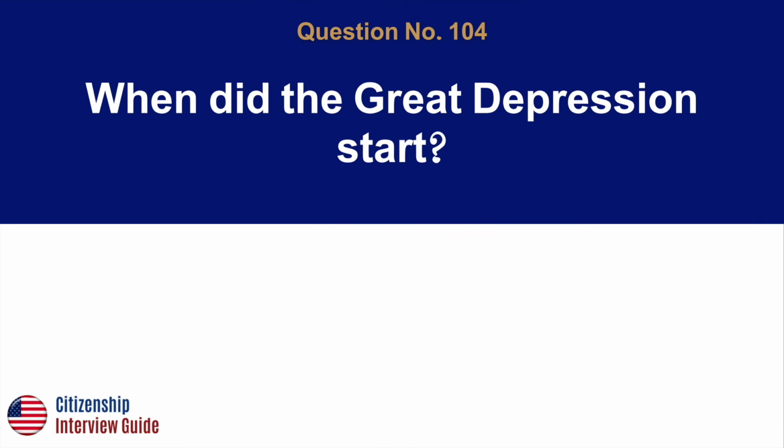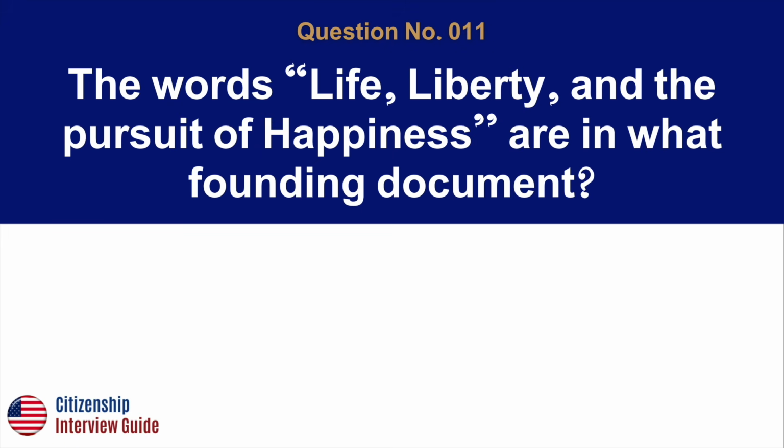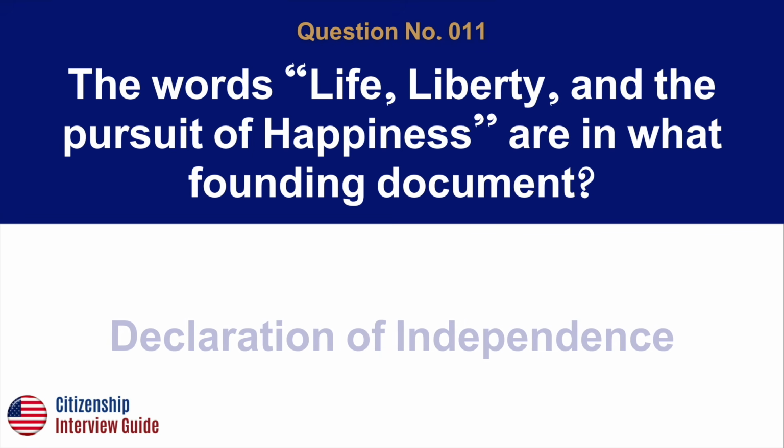When did the Great Depression start? Stock market crash of 1929. The words life, liberty, and the pursuit of happiness are in what founding document? Declaration of Independence.